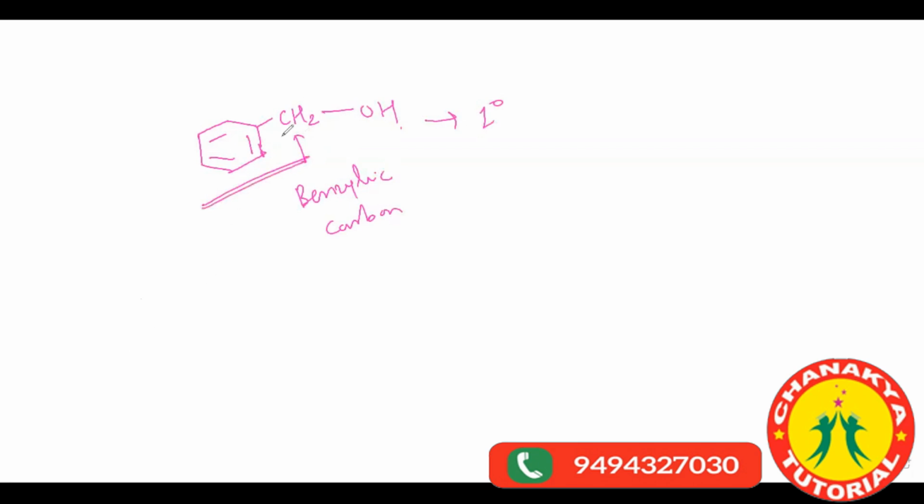Total overall if we see, now if instead of CH2 I write CH and one of the hydrogens is replaced with R, then it will be turned into secondary, correct? And if I remove this hydrogen as well and add one more R group or alkyl group, this benzylic carbon will be turned into tertiary. Clear?